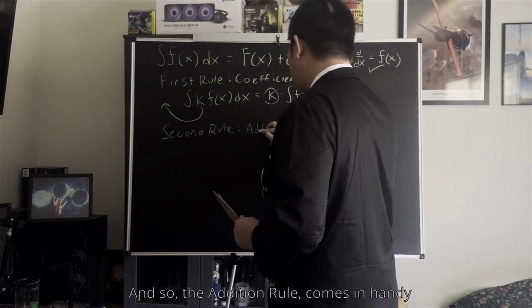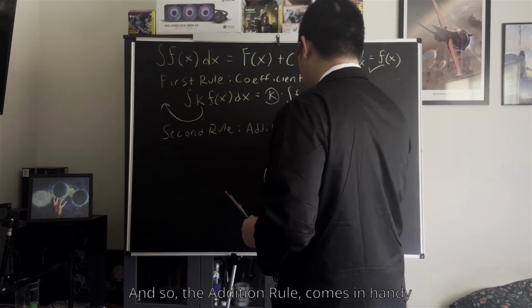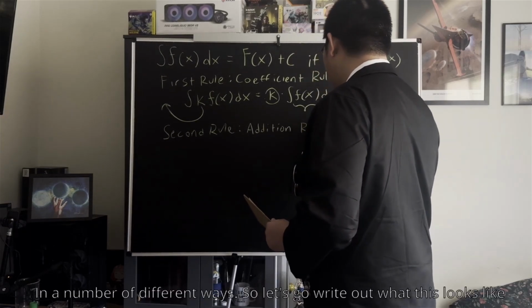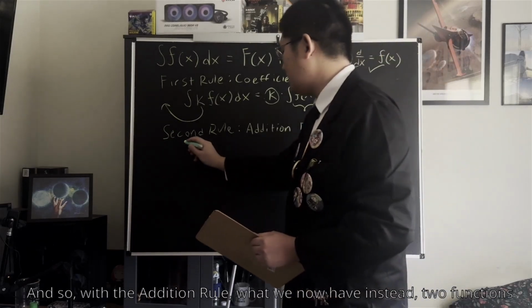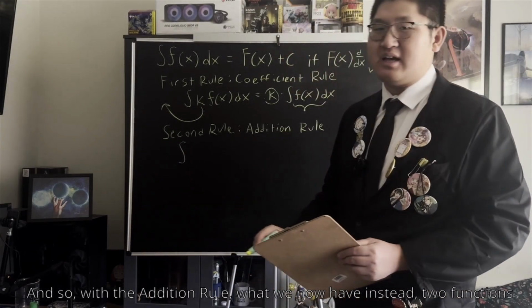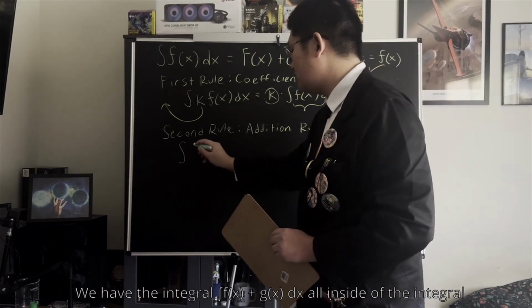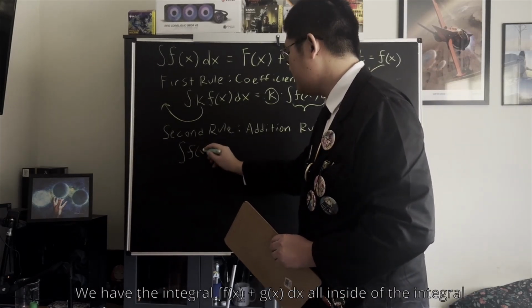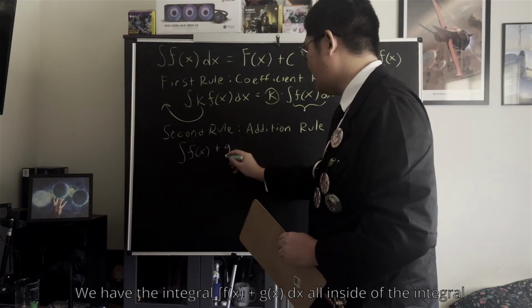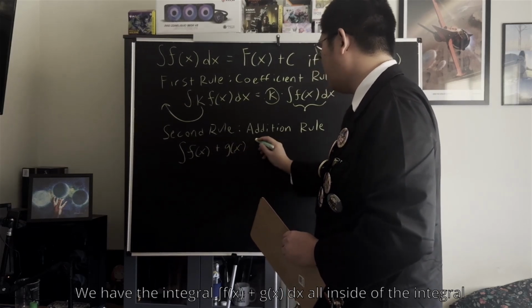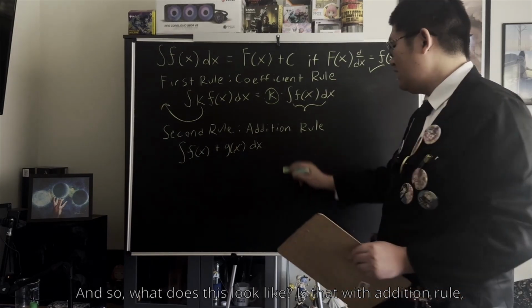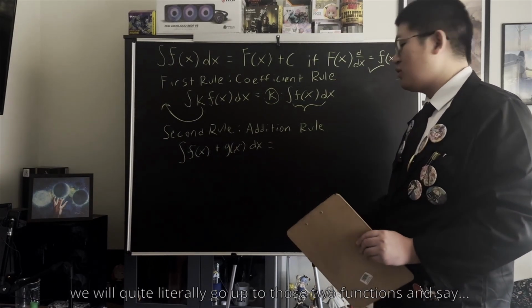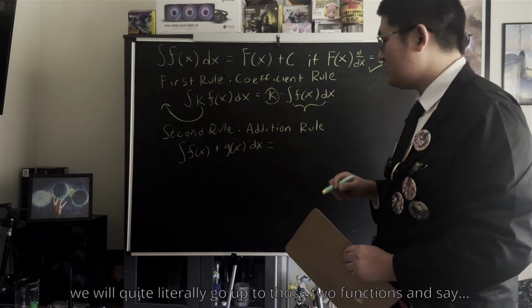And so the addition rule comes in handy in a number of different ways. So let's write out what this looks like. With the addition rule, we will now have two functions. We have the integral of f of x plus g of x, all inside of the integral, dx. With the addition rule, we will quite literally go up to those two functions and say, I get half.